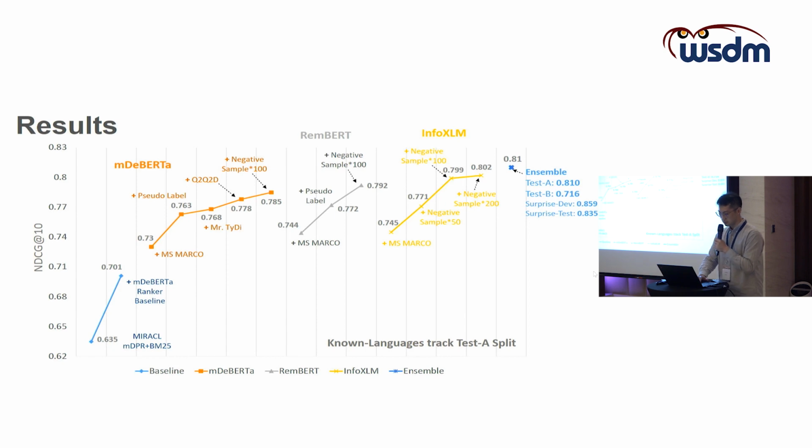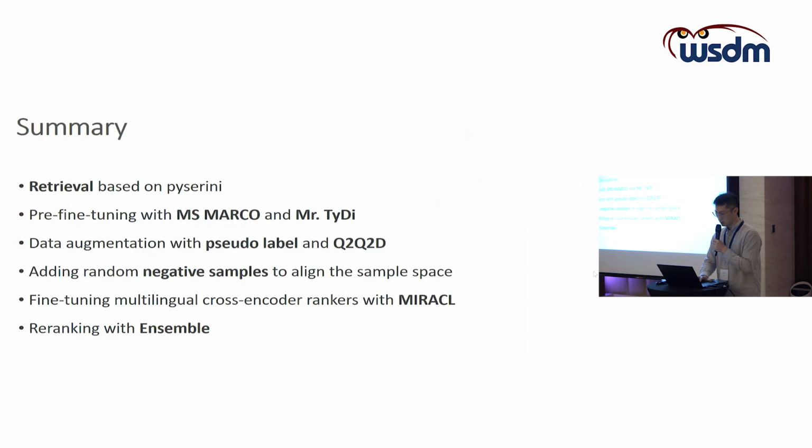In summary, our solution consists of three main components: retrieval, ranking, and ReRanking. Our focus is on the ranking stage, and we improve our ranking model using comprehensive data engineering techniques step by step. We started our experiments with multilingual cross-encoder models. To further enhance the model's performance, we fine-tune the ranking model with more relevant data, such as MS MARCO and Mr. TyDi.